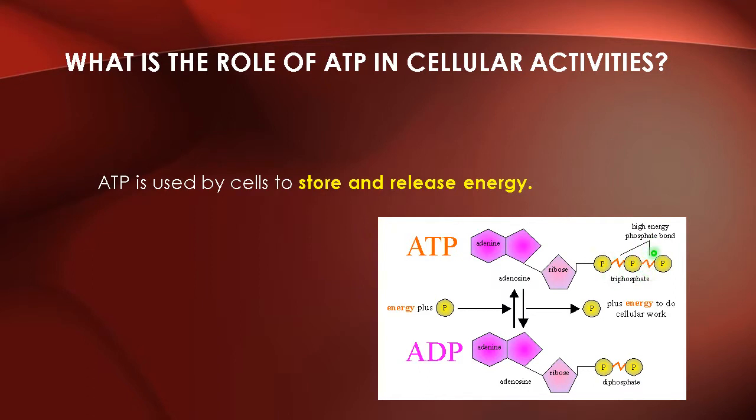As we know, whenever bonds are broken, energy is released. In this case, one phosphate group is removed from adenosine triphosphate, converting it into adenosine diphosphate, and energy is released in this process.